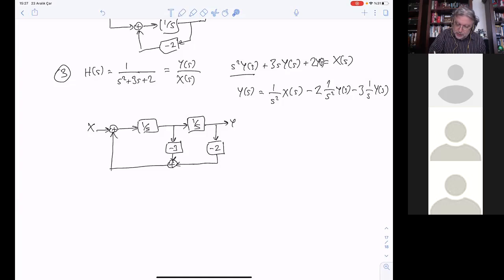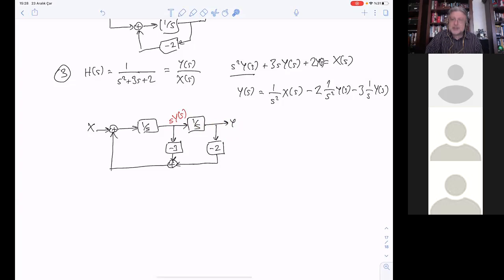Notice that the output here is y. Therefore, this point is a point which, when I pass through 1 over s, it makes y. So this point is s times y of s. That is the signal that we have there.